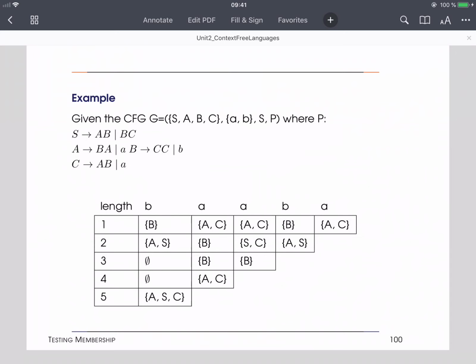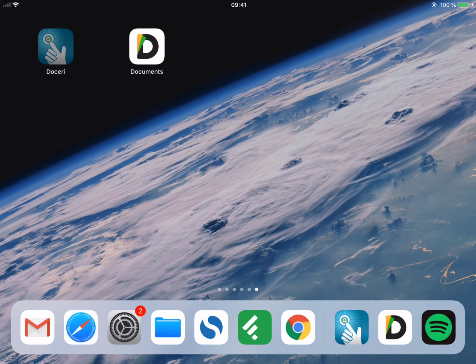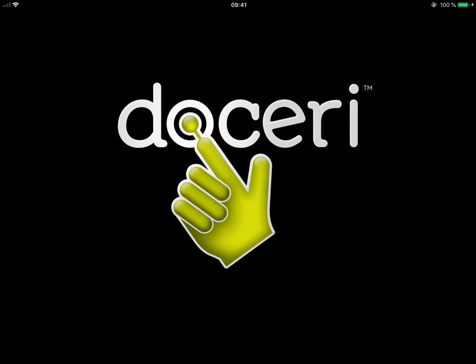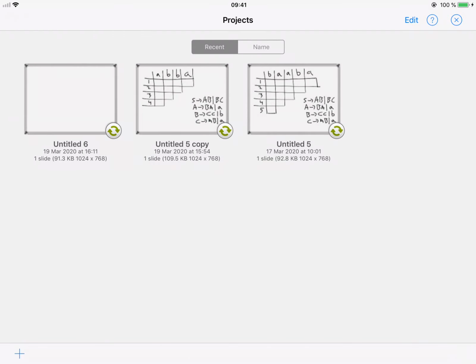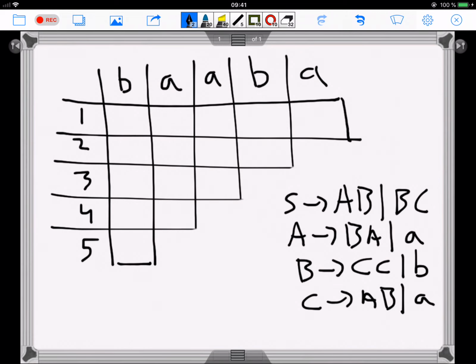But now what we are going to do is to see an example of how to use CYK in order to check whether a given string is in a grammar or not. Okay, so let me go to the other app where I have prepared everything to solve this exercise. Okay, this is exactly the same exercise.